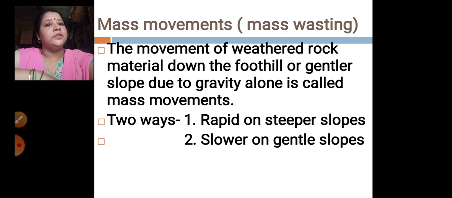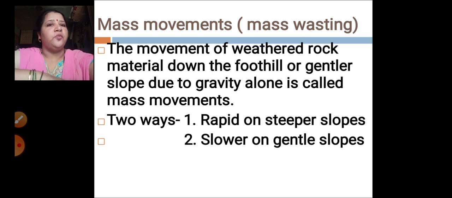It is called mass movement. So what is mass movement? The movement of weathered rock material down the foothill or gentler slope due to gravity alone is called mass movement.